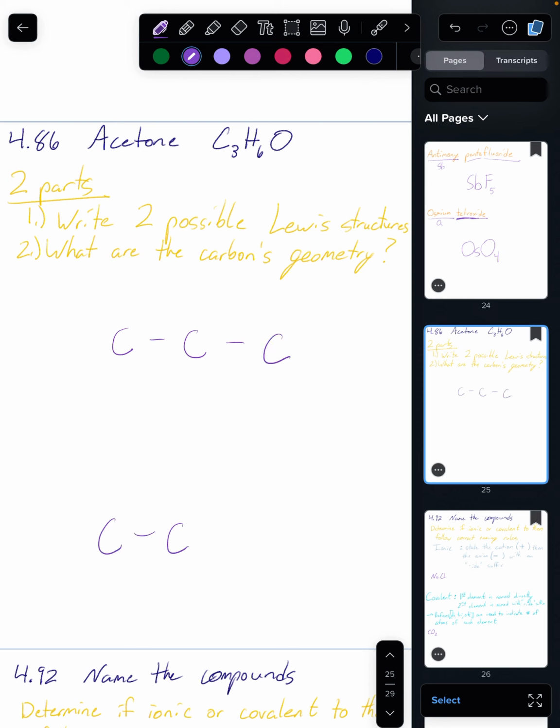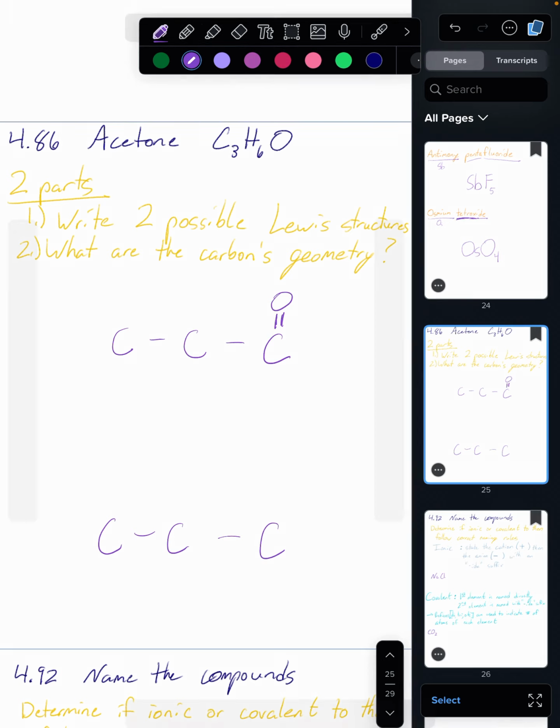We have to do 2 different ones. Okay. So we have an oxygen to move. And of course that can only go on 1. So we're just going to put it, let's put it here on the end.